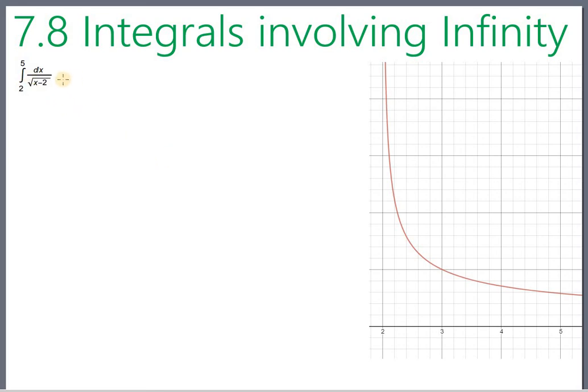So I'm still going to turn this into the limit as t approaches 2 of an integral from t to 5, and then 1 over square root x minus 2, or maybe I'll change this into a little more calculus-friendly form again.